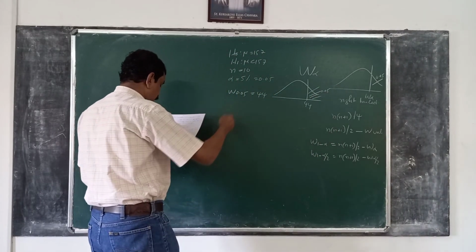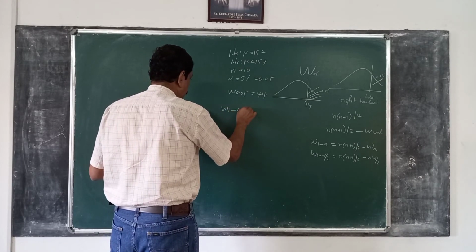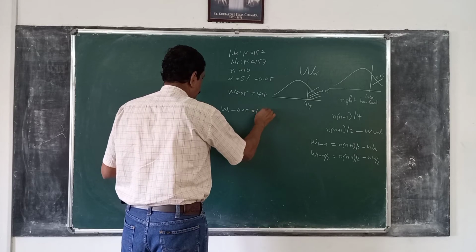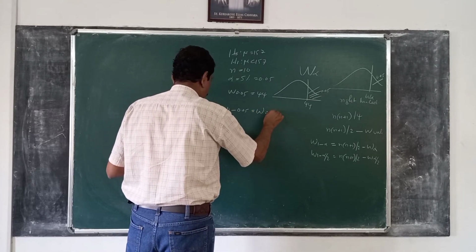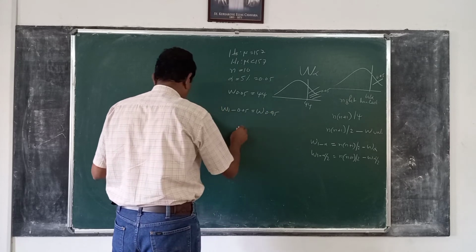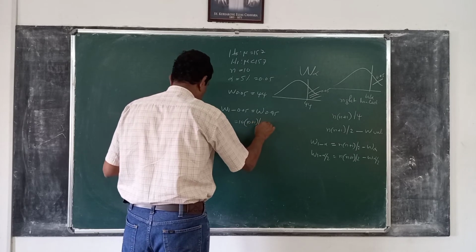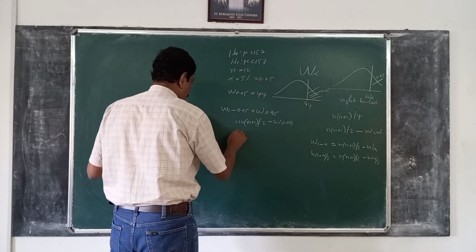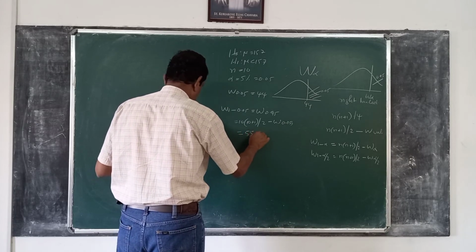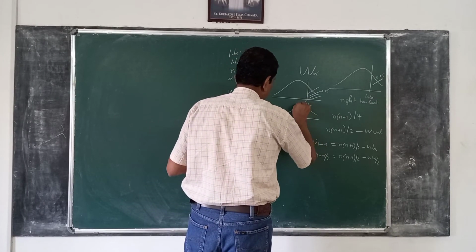So for a left-tailed test, W(1-0.05) = W 0.95 = 10 into (10+1)/2 minus W 0.05 = 55 minus 44 = 11. So for a left-tailed test, the critical value is 11.